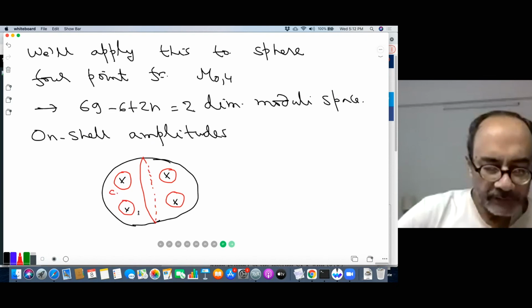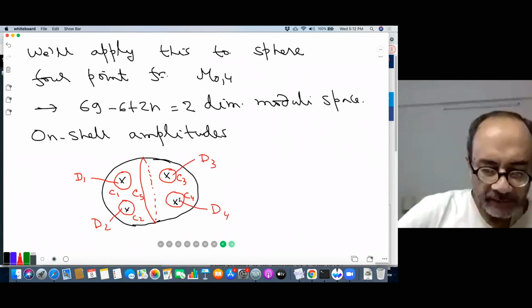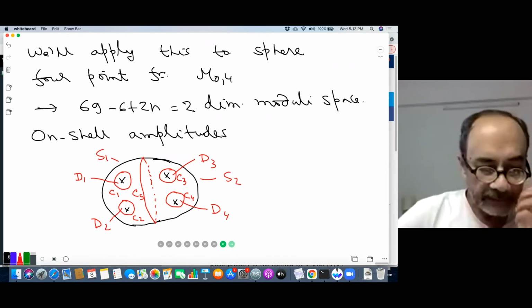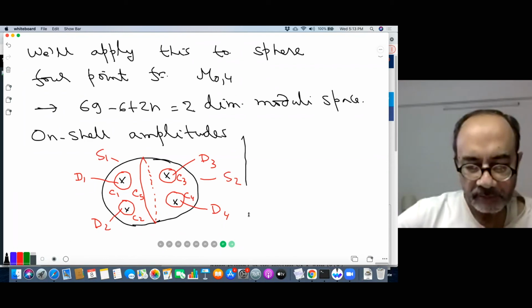So if we call this C1, C2, C3, C4, and C5. And if we call this D1, D2, D3, D4. And we call this the first sphere, this is our S1 and this is our S2. Then you see that we have the relation.